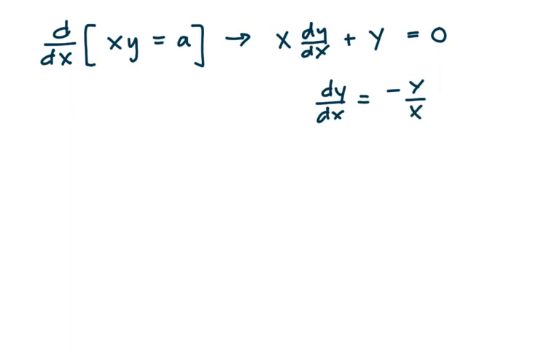So this is the slope of the tangent line at any point (x, y) on one of the graphs of xy equals a, these hyperbolic shapes. The slope is going to be y prime equals negative y over x.